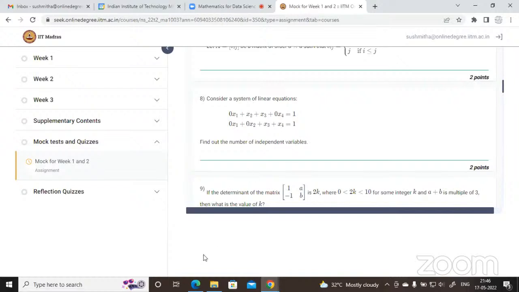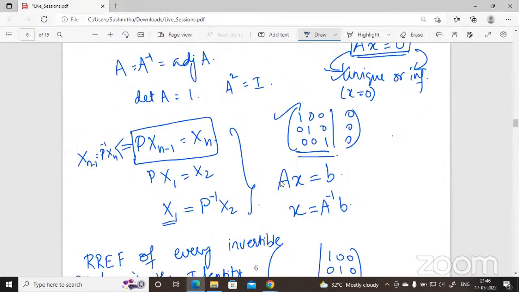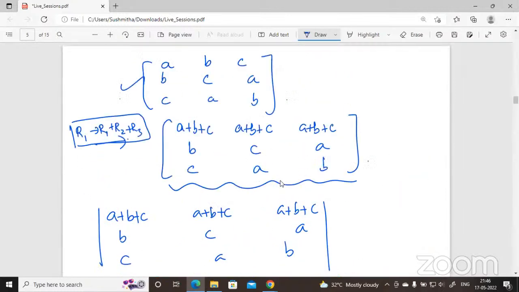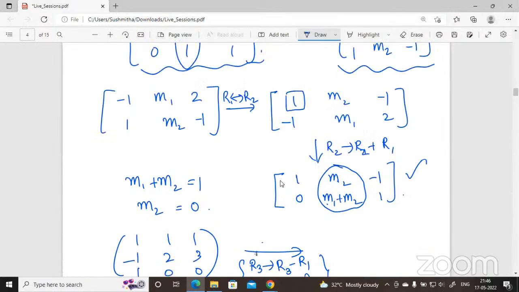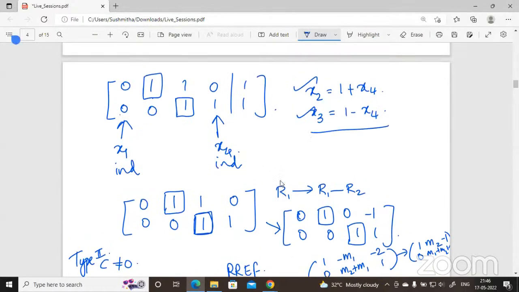I have listened to that, but when I was solving this, I found the final equation as x2 equals 1 minus x3, and from that I assumed that x2 is dependent on x3 and there is only one independent variable. I think I misunderstood. But x1 is not even appearing in the equations, so that is also independent, right?